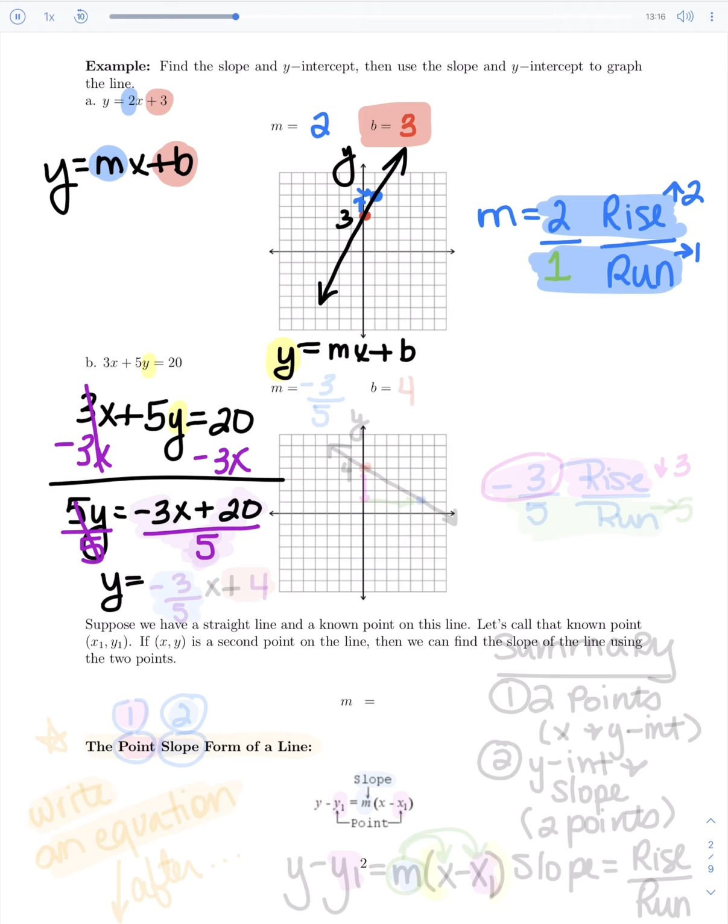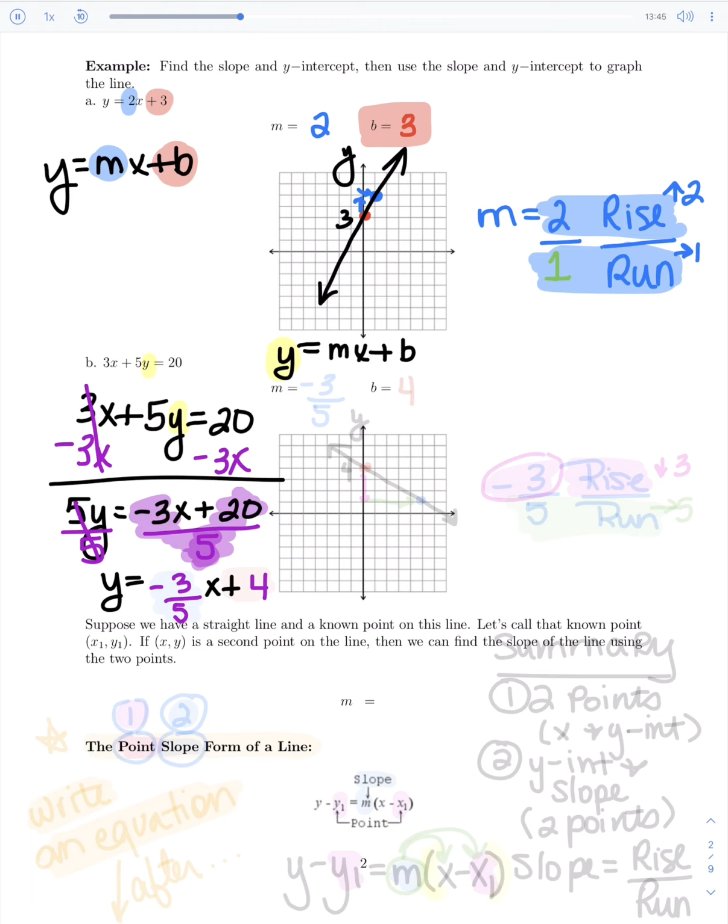Be careful. Everything's divided by 5 on the right. So a negative 3/5 in front of our x, and then plus, what else do we have there? We have a 20. That's also getting divided by the 5, which is going to give us a positive 4.